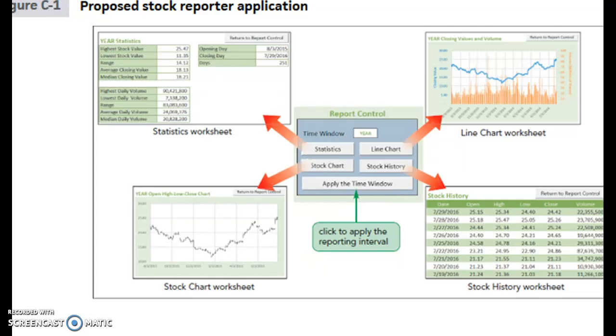The stock history chart, down here, gives the daily values and volume of shares traded over the past year. And then we have the open, high, low, and close chart, and that provides information for each day of the time interval. So now let's switch to Excel and see how everything is laid out.